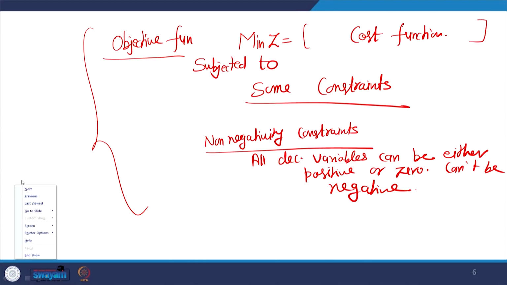So, here we take the help of various computer algorithms, and in that we can take the help of some software which is very easily available to all of us, that is Excel. You can go to the Solver of Excel, and Excel Solver can help you in solving this problem.